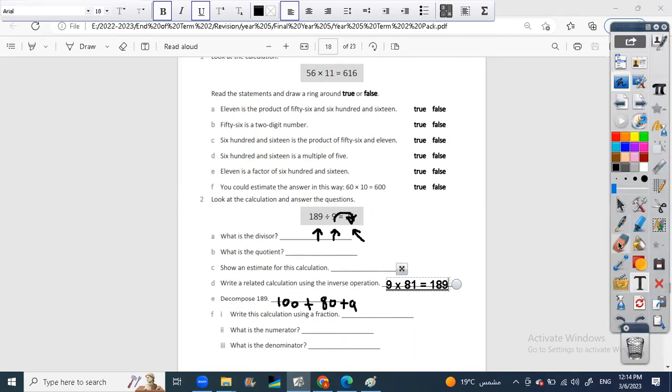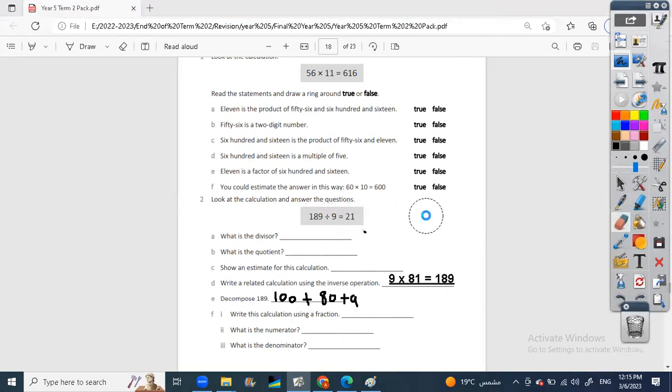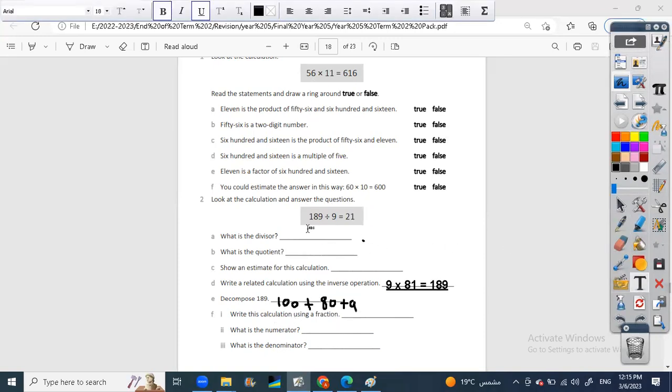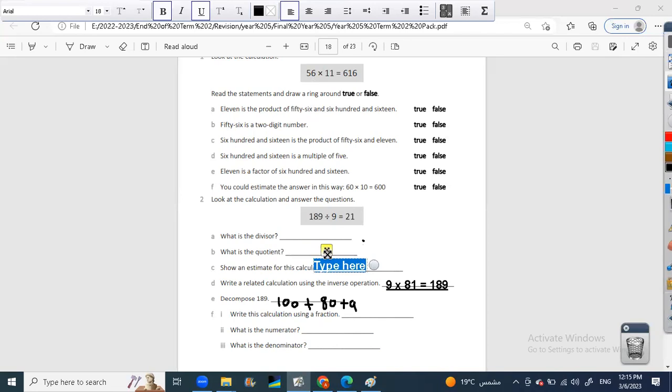Right, the estimation of this calculation, how can we write the estimation? Mister, the estimation is going to be, I'm going to round this number, it's 190, divided by, round the other number, which is the 9, to become 10. The estimation is going to be 190 divided by 10, which is 19.